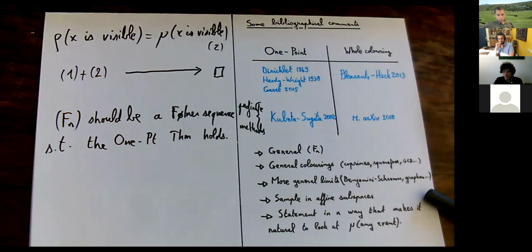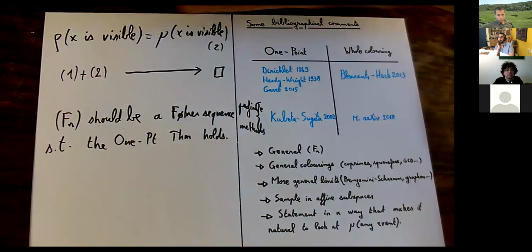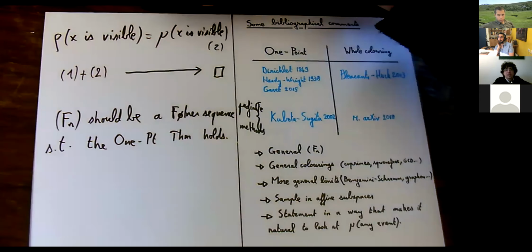And we can even have a mixed Benjamini-Schramm graphon limit. So we take 10 points uniformly at random in Z^d. For each of them, we look at the 10-neighborhood. In this way, we select a certain number of points, and we can answer the question, who sees who?